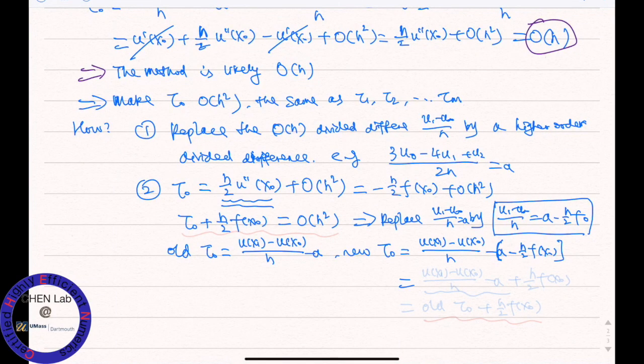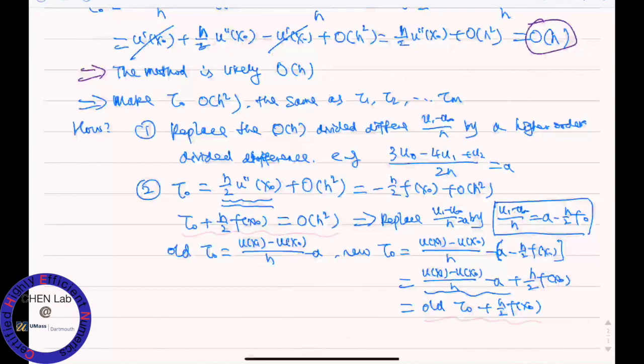So this is just u at x1 minus u at x0 divided by h minus a plus h over 2 f x0, which is old tau 0 plus h over 2 f x0.